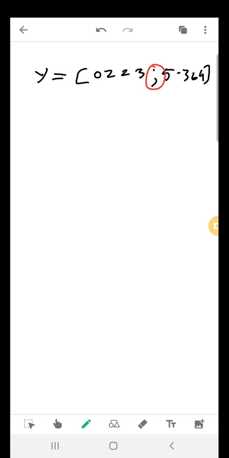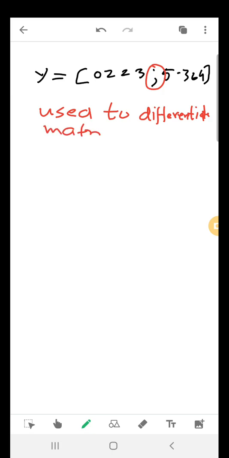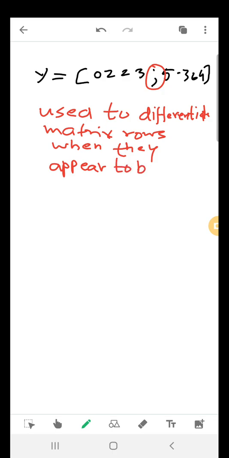It is used to differentiate the matrix rows when they appear on a single line.